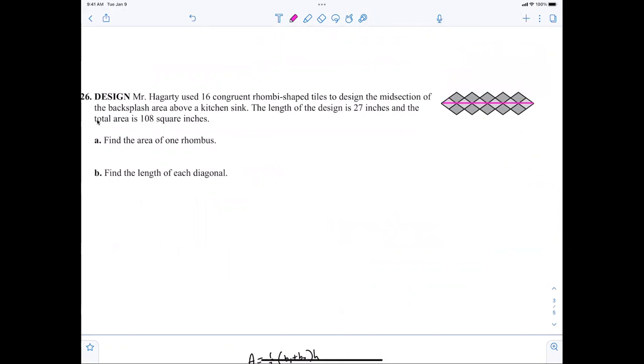So Mr. Haggerty used 16 congruent rhombi shaped tile to design the midsection of the backsplash area above the kitchen sink. The length of the design is 27 inches and the total area is 108 square inches. Correct? So does everybody agree that's 27, that pink line that I just drew?